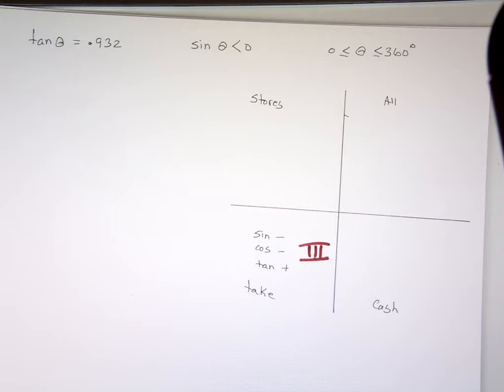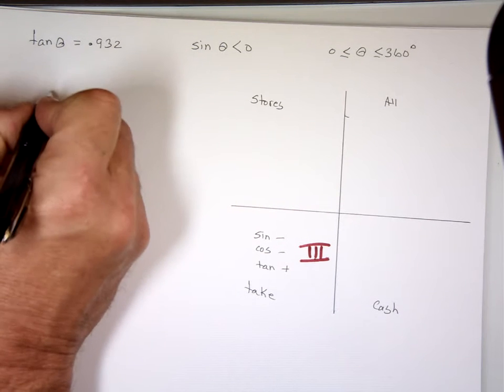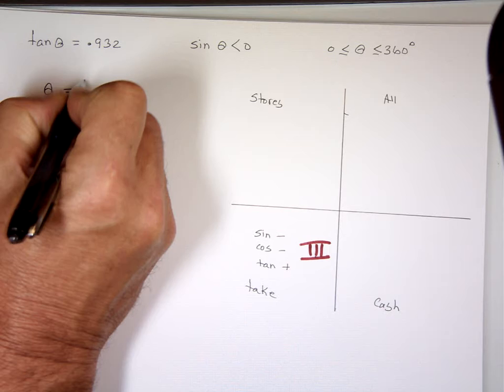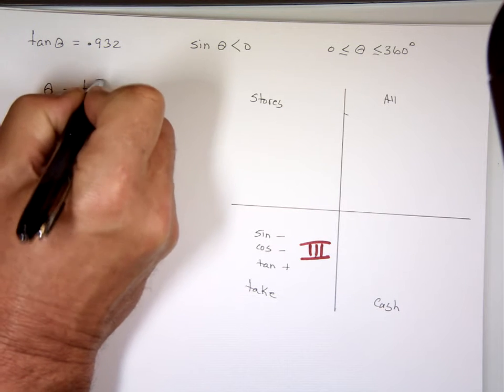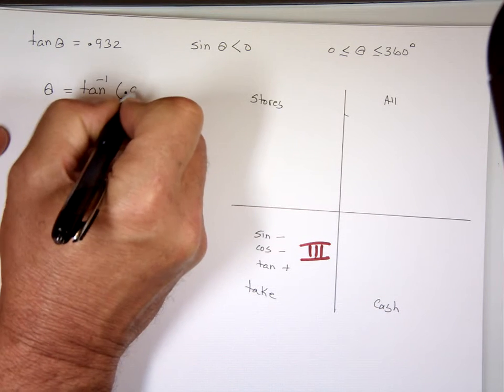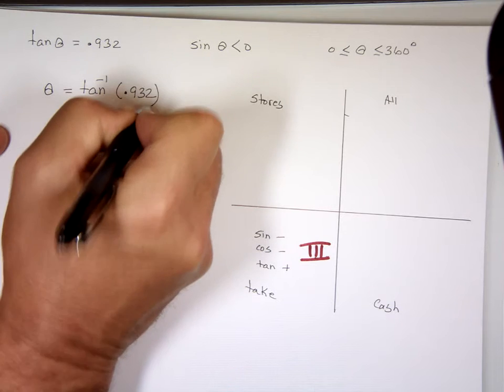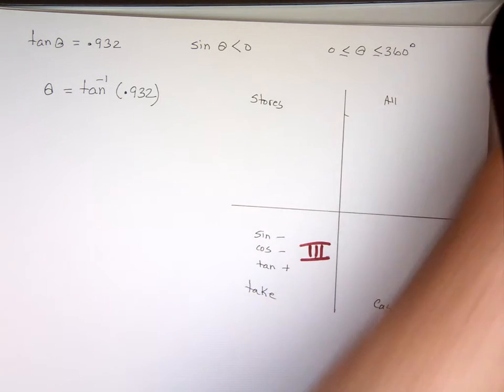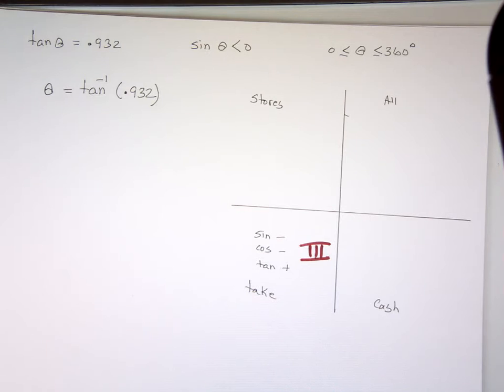So I go to my calculator, I have to find theta. Theta is the inverse tangent of 0.932. So here's my calculator. Inverse tangent, second tangent, 0.932.